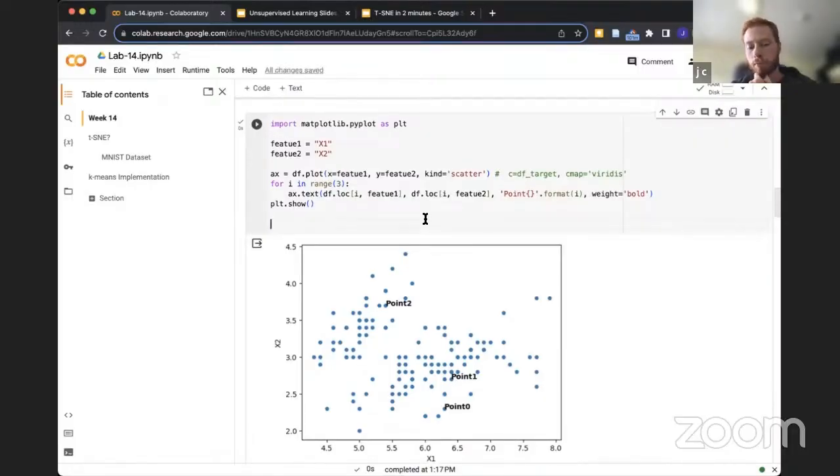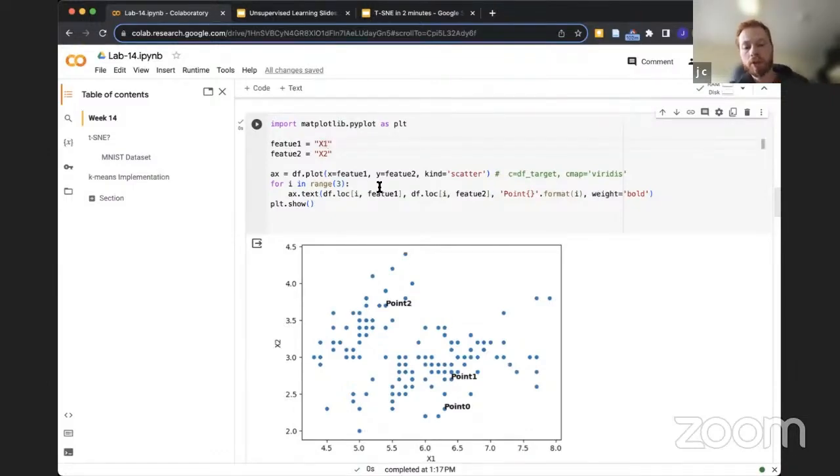Point 2 here and point 1: would you guess they are in the same cluster? Okay, yes, 1 and 2 are different clusters. Looks like it, yes.